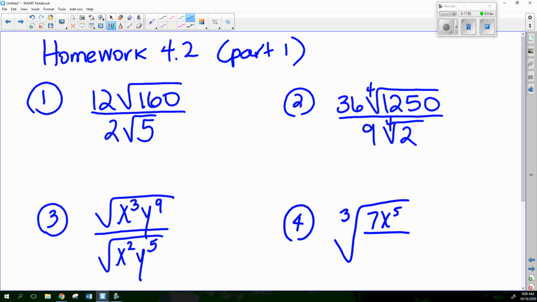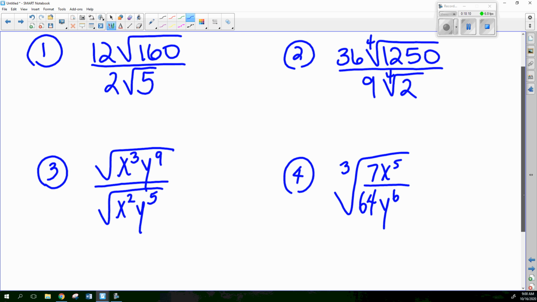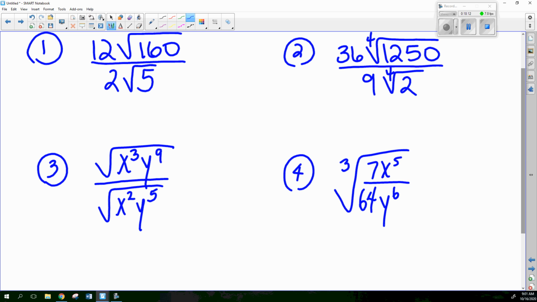Just remember, you write it as one radical on top and one radical on the bottom. Okay? And then I've got one more. So just 5 problems. You should be spacing them out on your paper so you have room to work. And you need to write them down because you're not going to be able to see them the whole time. You got to slide it up.